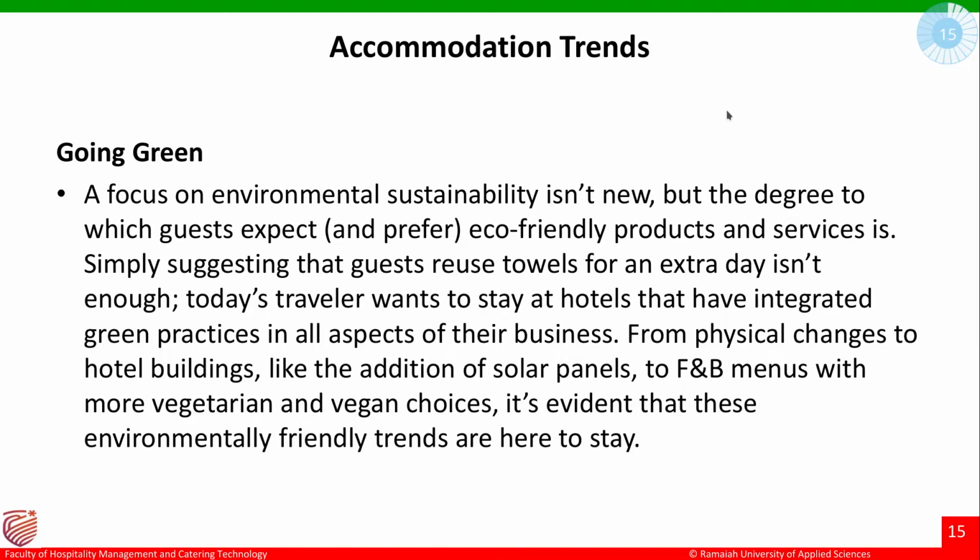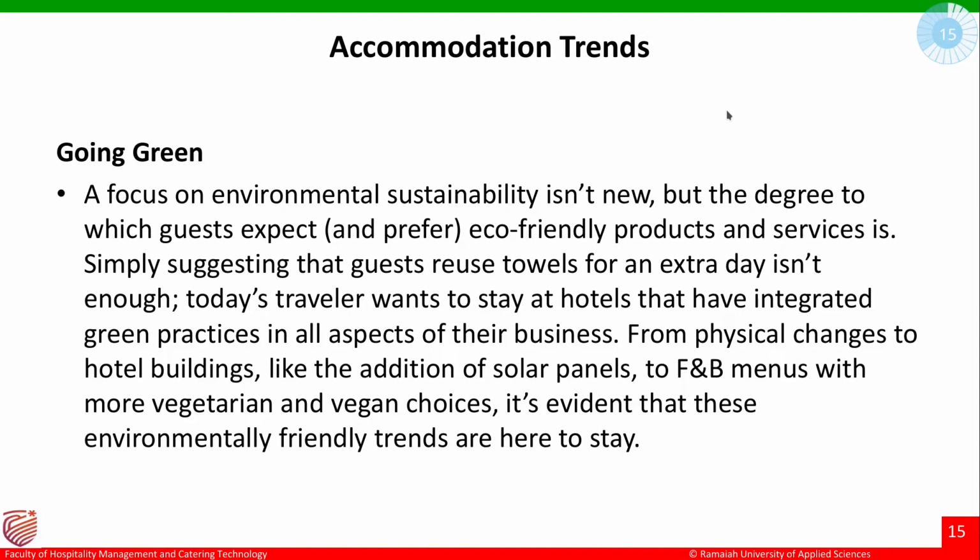Many hotels prefer to use eco-friendly products, provide minimum luxury services, and go with reuse, recycle, reduce, the three Rs of sustainability. They have changed to solar panels as their source of energy so that they can save the forms of energy which they are using.